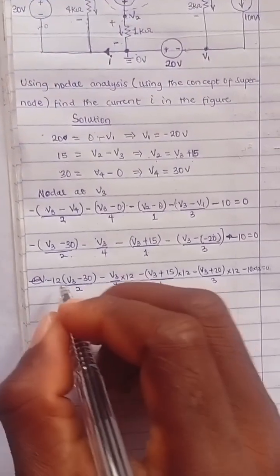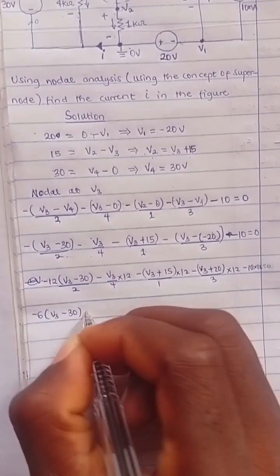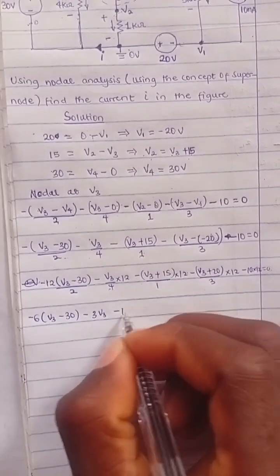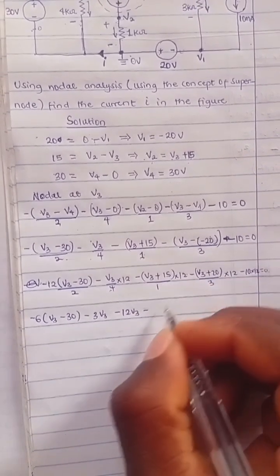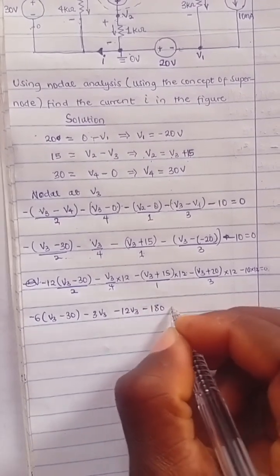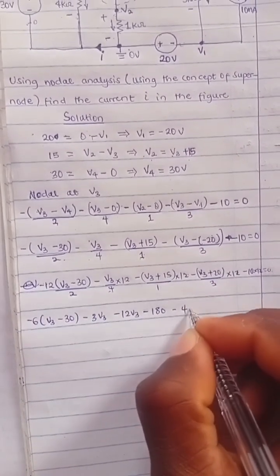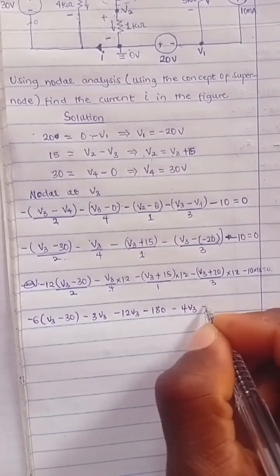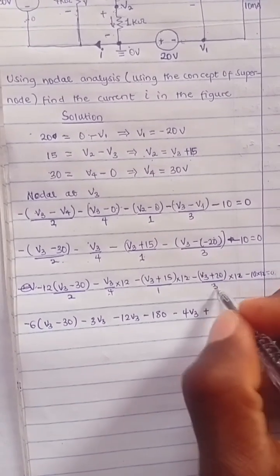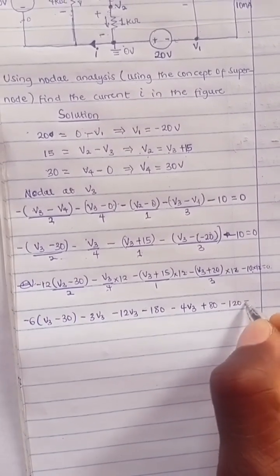So we have that minus 12 divided by 2, that's minus 6 into V3 minus 30, minus 12 divided by 4, minus 3V3, minus 12 times V3, you have 12V3 minus 15 times 12, that will be minus 180, and minus 12 divided by 3, that's 4 times V3, you have minus 4V3, then plus 12 divided by 3, that's 4 times 20, you have 80, minus 10 times 12, you have 120, is equal to 0.